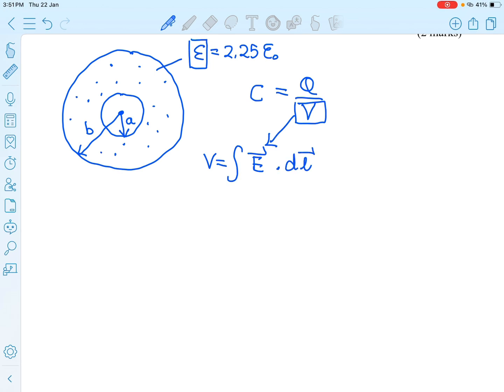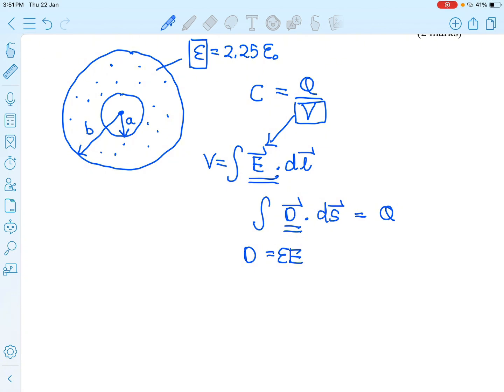And this E, we can get from Gauss law. Gauss law says that the total flux coming out from a Gaussian surface is equal to the total charge enclosed by the surface. We can get the E from the D, because D is equal to epsilon E. This is how we progress to the capacitance equation.